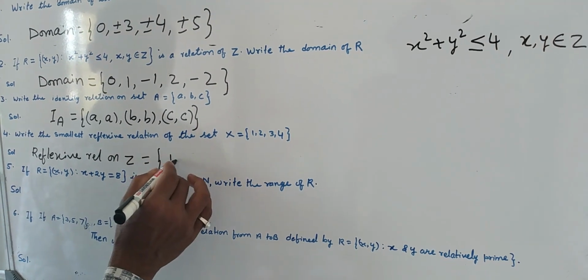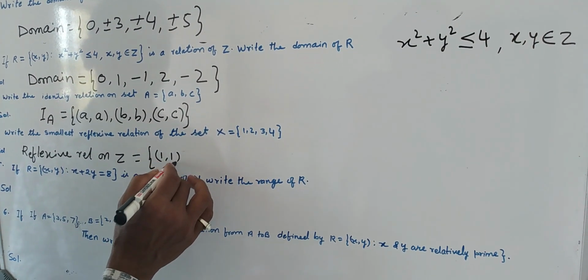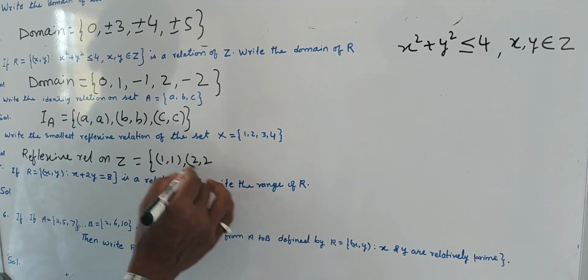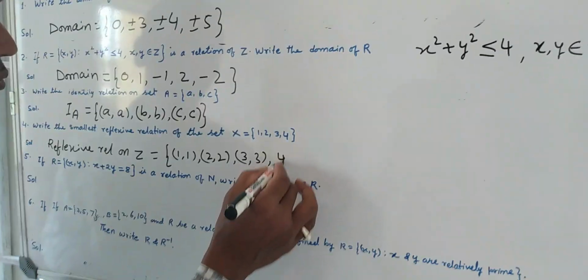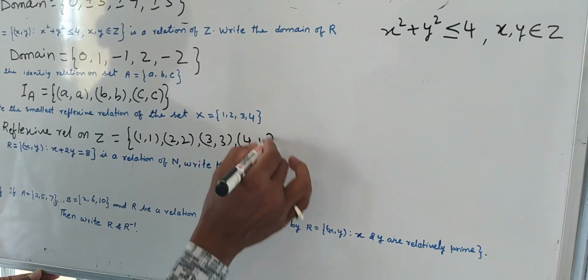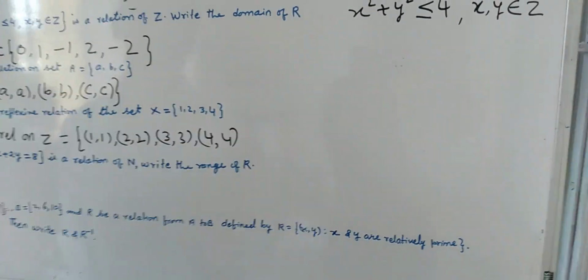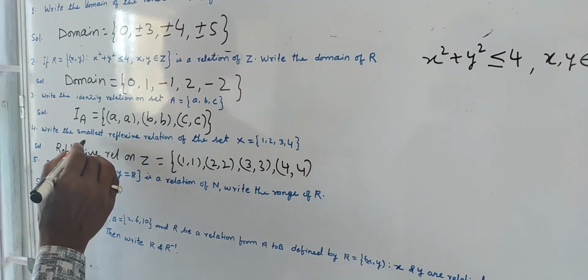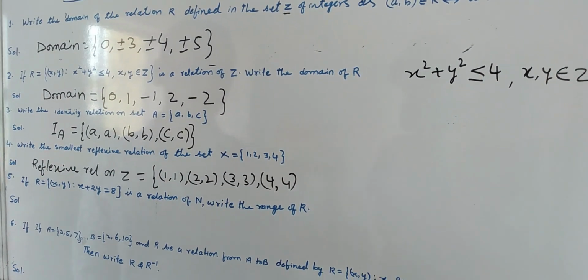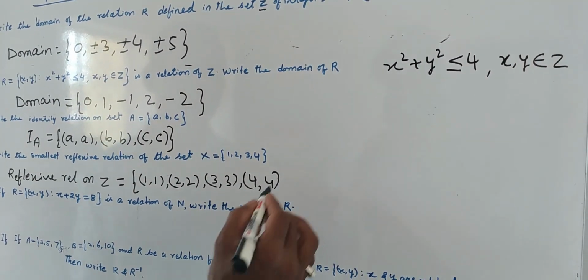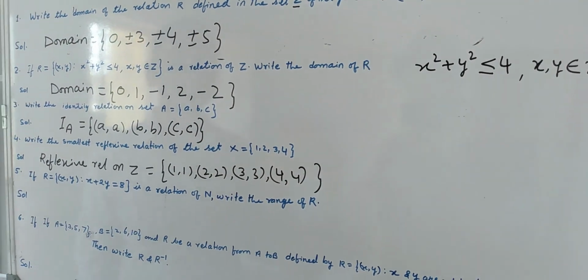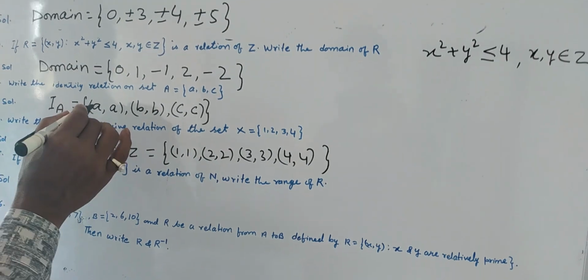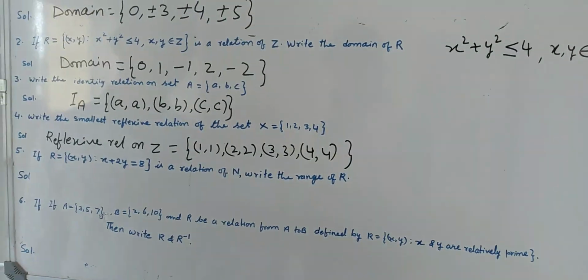So (1,1), (2,2), (3,3), (4,4). In a reflexive relation, some extra elements may come, but here it is given the smallest reflexive relation. So this is the smallest reflexive relation, and this is the identity relation also. You can say the identity relation is the smallest reflexive relation.